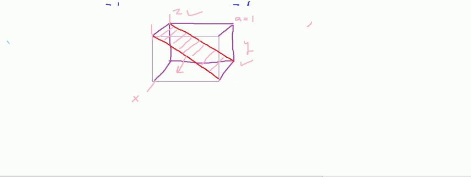In X you need to put infinity because it is not intercepting. In Y it is 1. In Z it is 1. Now take the reciprocal. So it's 1 by infinity, 1 by 1, and 1 by 1.